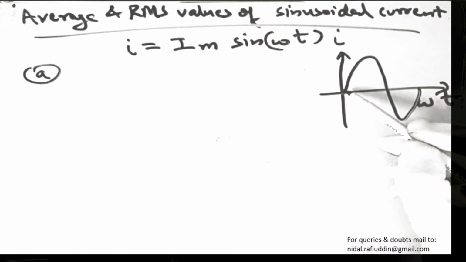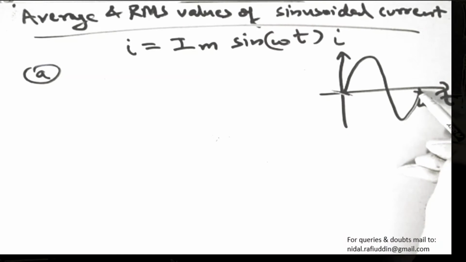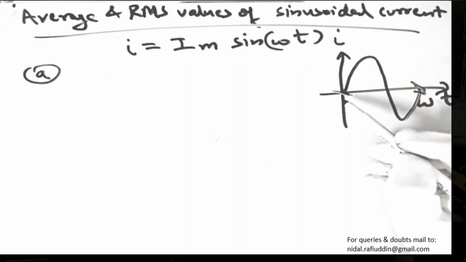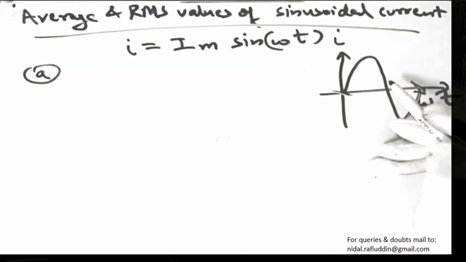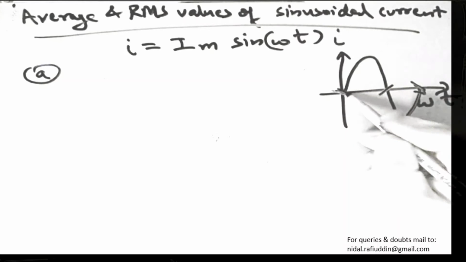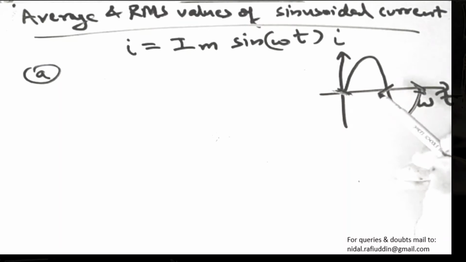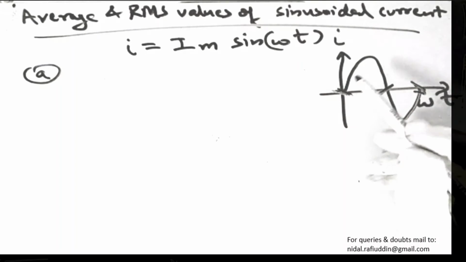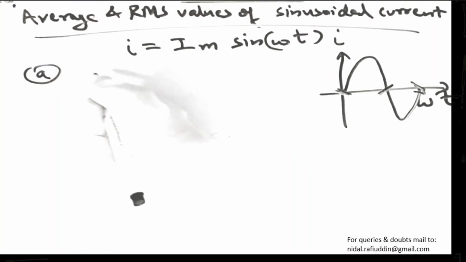One is that you compute the average and RMS value for the full cycle, from this to this. And the other possibility is that you compute for a different duration, for example a half cycle, from this point to this point. So this is half cycle. We'll be computing the average and RMS value for the first full cycle first and the half cycle next. So let's talk about the full cycle.